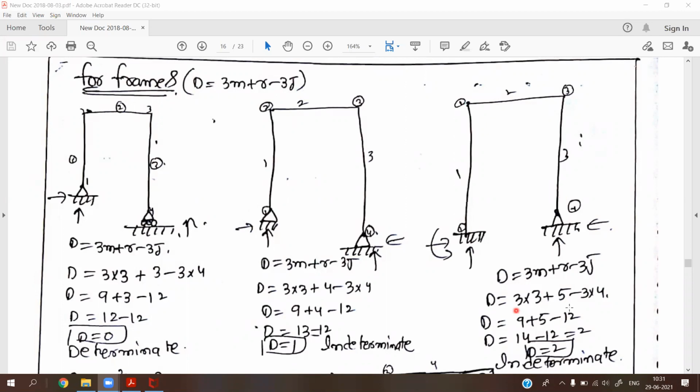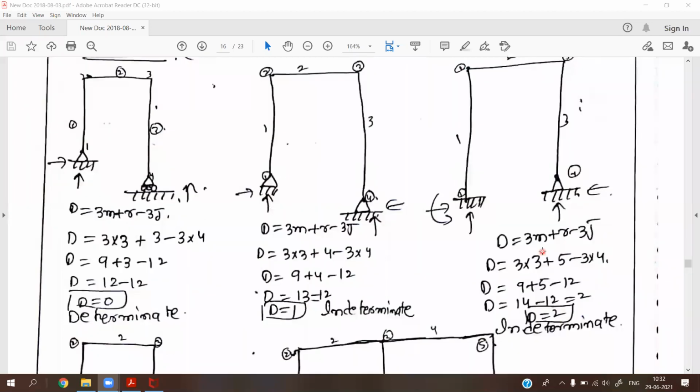Three times 3 is 9, and 9 plus 5 gives 14 unknowns. How many joints? One, two, three, four. So 3 times 4 is 12. So 14 minus 12, D is equal to 2. Therefore it is a statically indeterminate structure, and the degree of indeterminacy is 2.